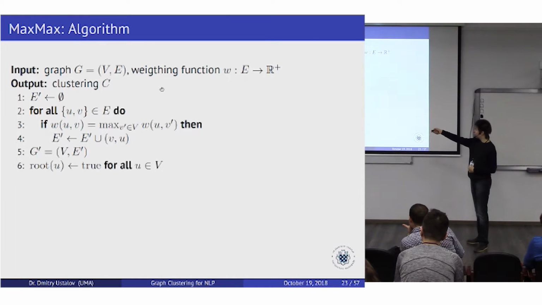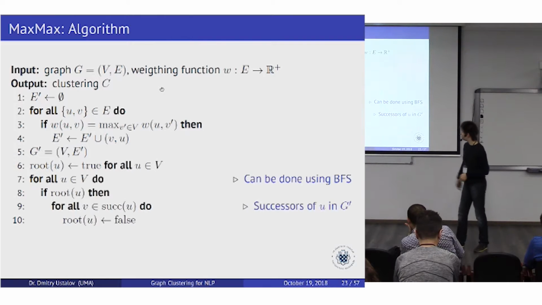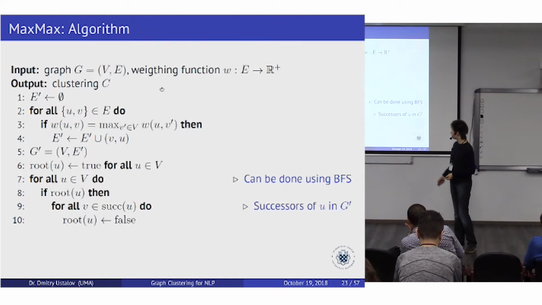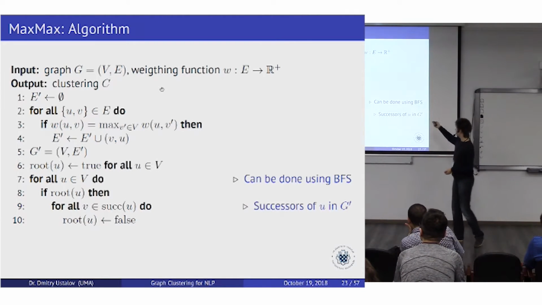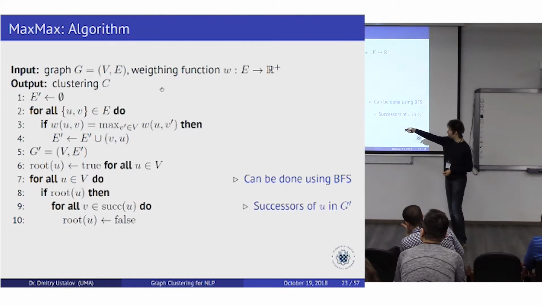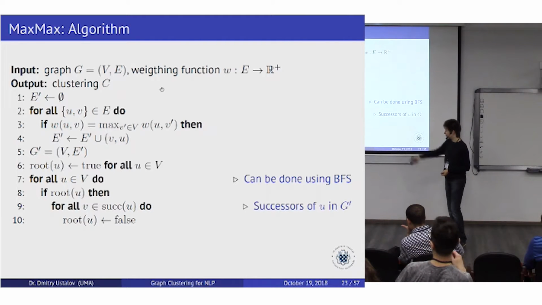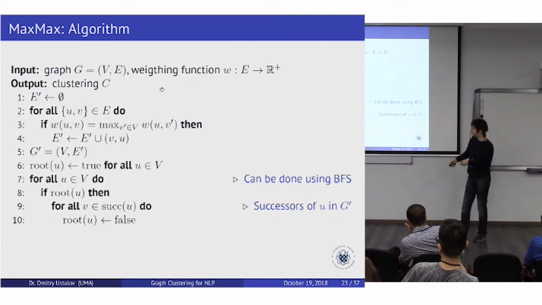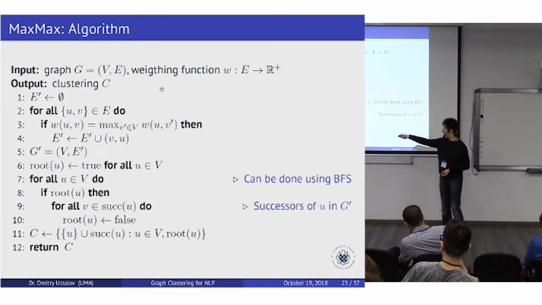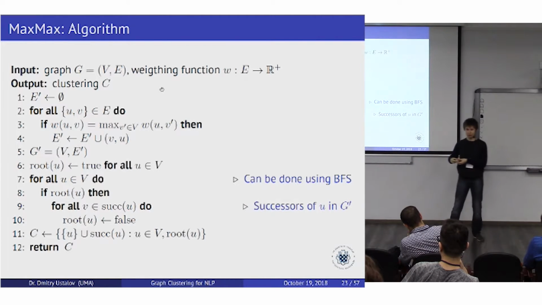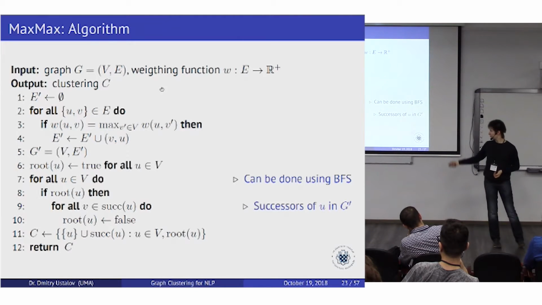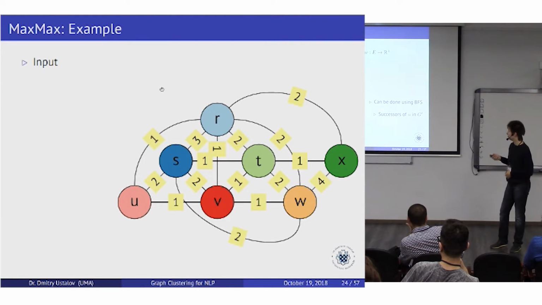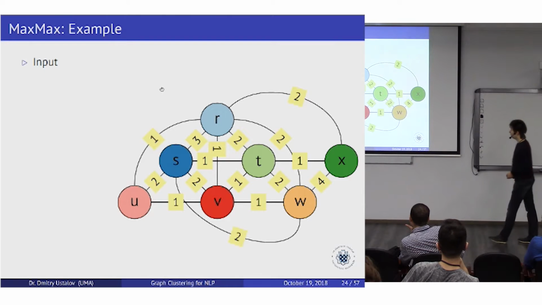For that, we mark every node as root and use breadth-first search or any graph traversing algorithm just to mark all the successors of a node as non-roots. So we have roots, we have non-roots, and in case these root trees overlap, you have overlapping clusters. And now you record the clusters as the result. Let's have a look at the example.